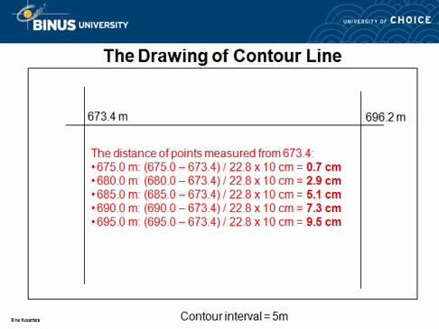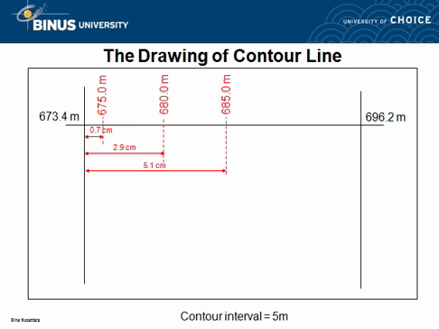As you can see in the equation, the first point is 0.7 centimeter, the second is 2.9, and 5.1, 7.3, and 9.5. And here is the first point, second point, third, fourth, and the fifth.